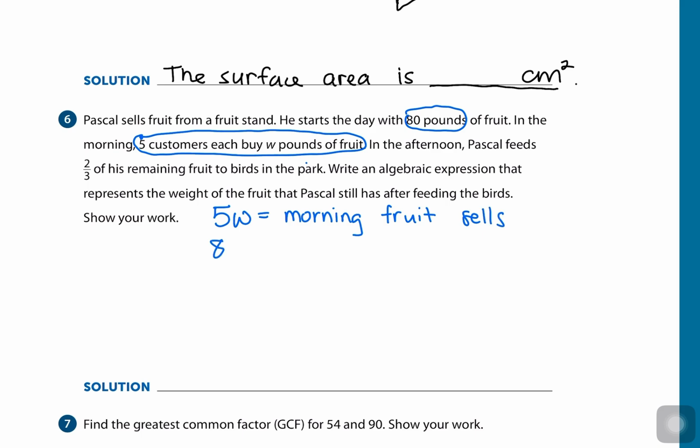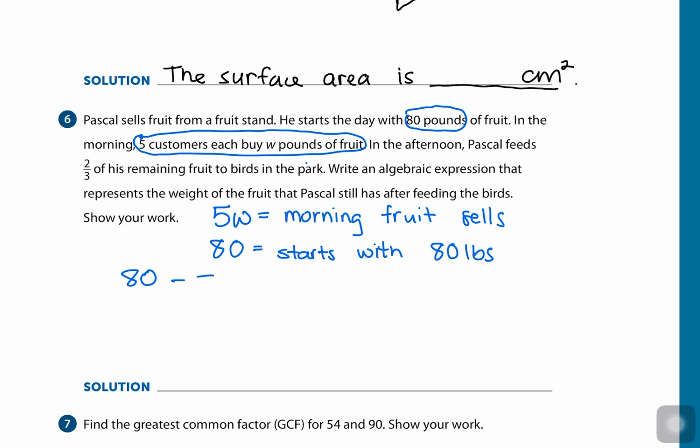Then we know that he starts with 80 pounds. So if we start with 80 pounds, right? And then we sell, that's minus, right?